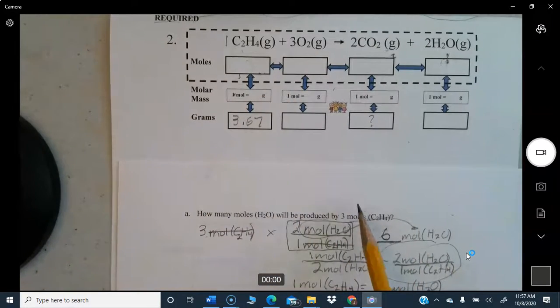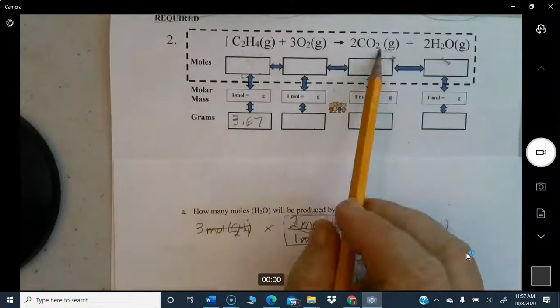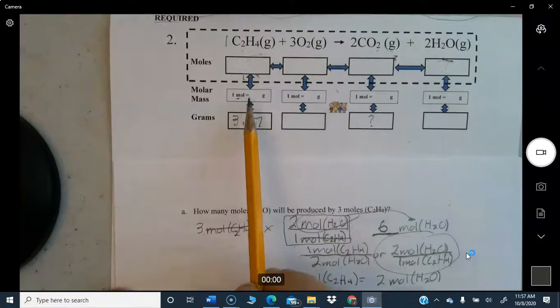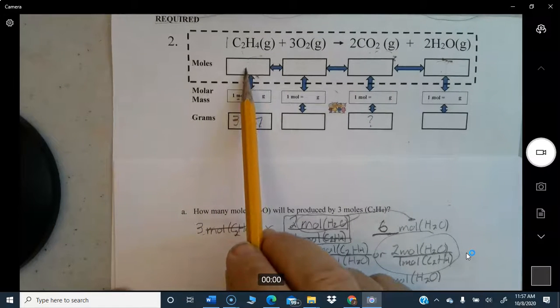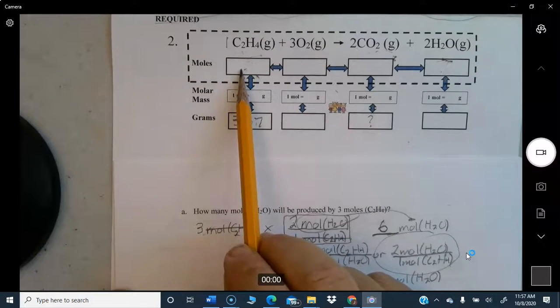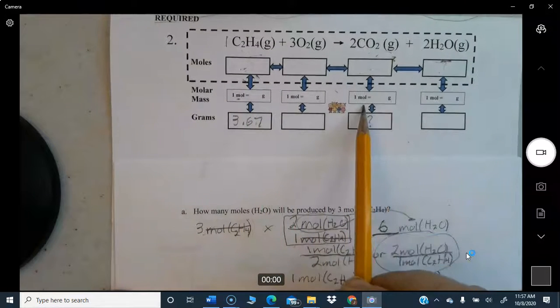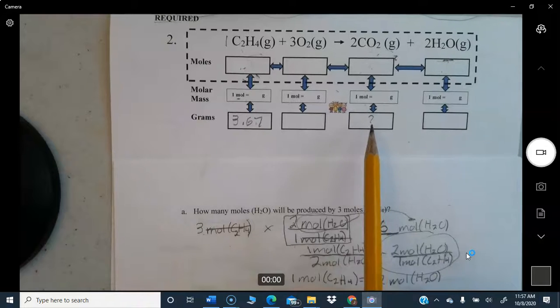So that's a 3-step problem. To have a relationship between these two, we have to be inside the chemical equation. So we move across the molar mass into the chemical equation from moles of C2H4 to moles of CO2. Once we have that, then we come out through molar mass to the grams of CO2.